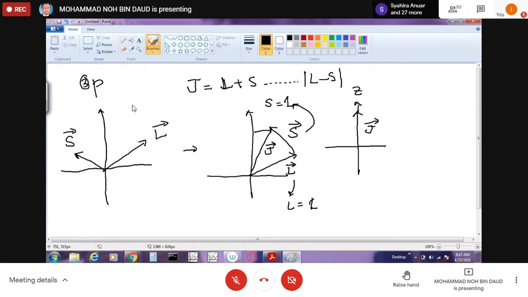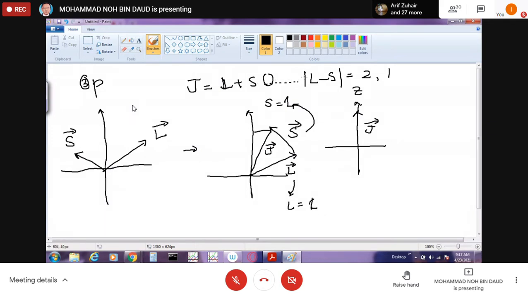Now from here we can get all possible J, the total angular momentum. 1 plus 1 is 2, the maximum value for J, and the minimum value is 1 minus 1, which is 0. L plus S, minus 1, and so on.